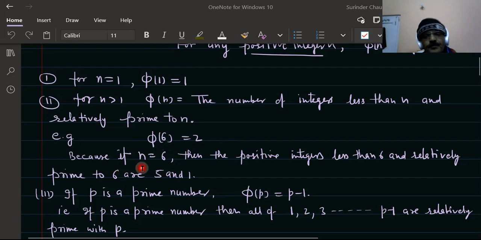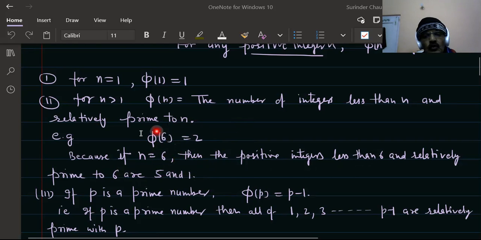Because if n is 6, then the numbers 5 and 1 are relatively prime to 6. Two numbers are relatively prime if their greatest common divisor is 1. So the gcd of 6 and 1, and of 6 and 5, is 1. So these two numbers, 1 and 5, are relatively prime to 6.